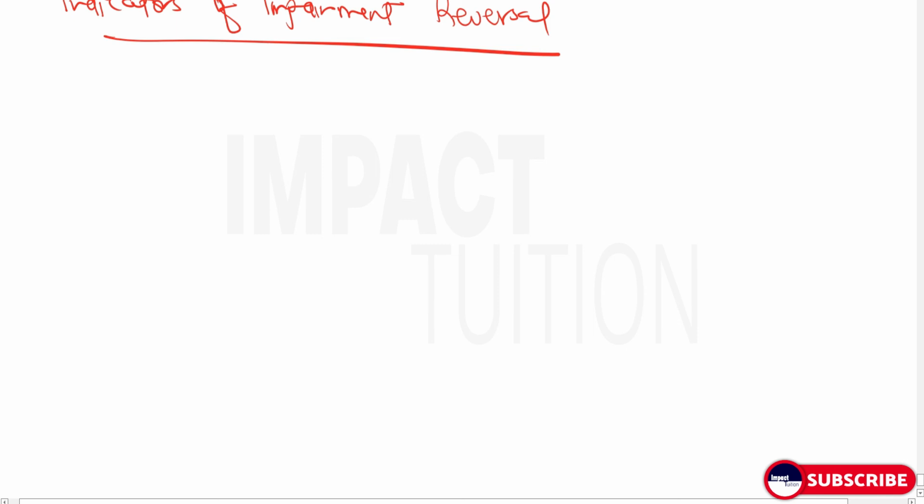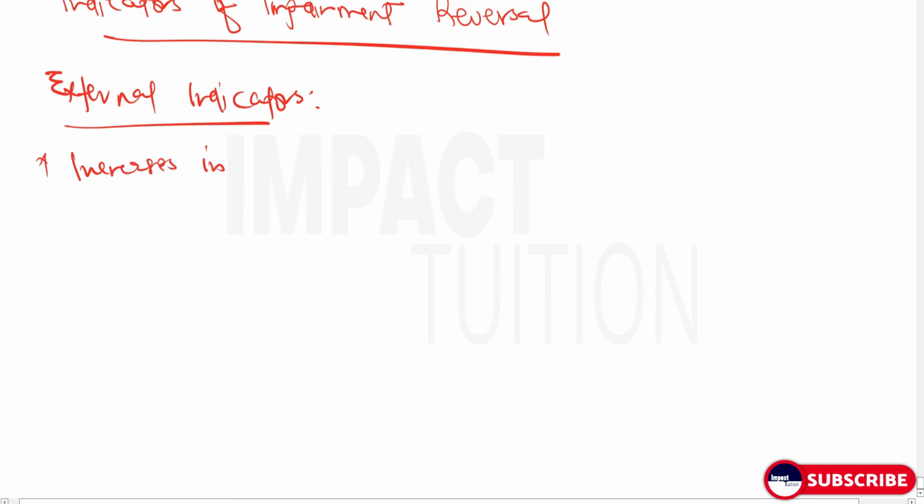External indicators. Increases in the asset's market value.